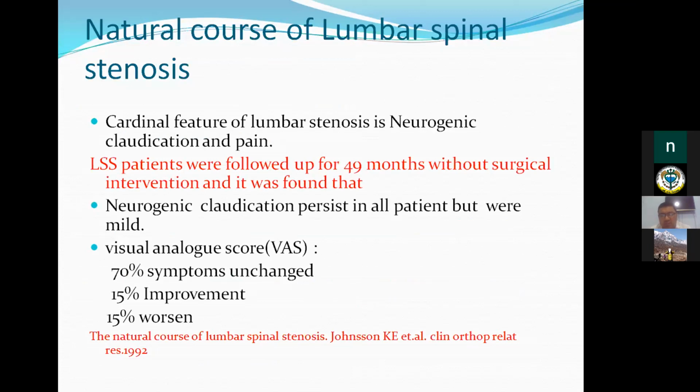Another main feature is pain, which remained the same in 70% of patients, improved in 15%, and worsened in 15%. So in most patients, the symptoms either improve or remain unchanged, even if we don't do anything, either conservative or surgical.